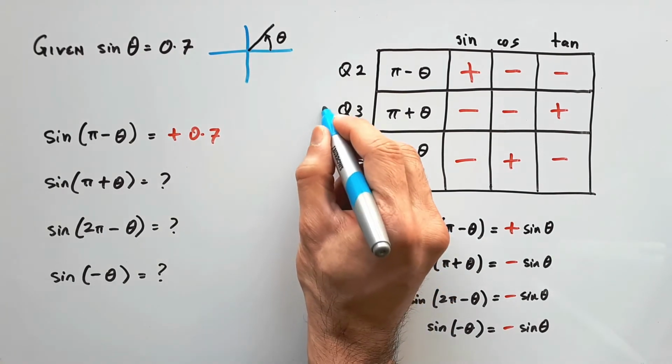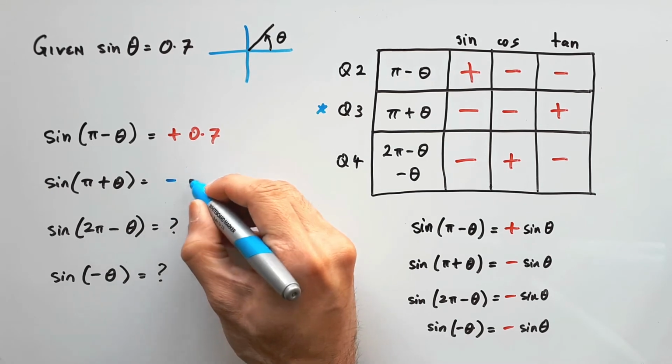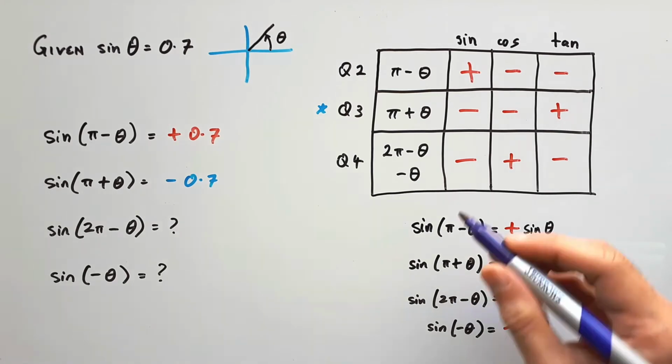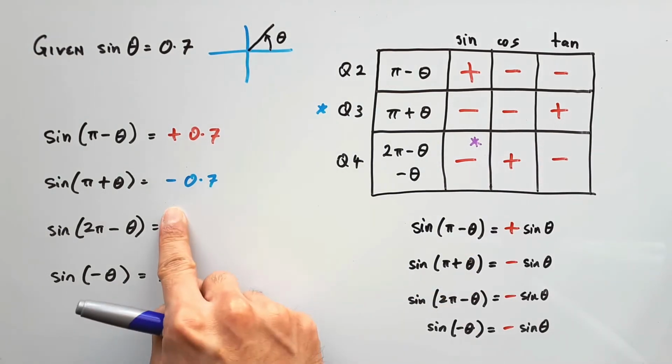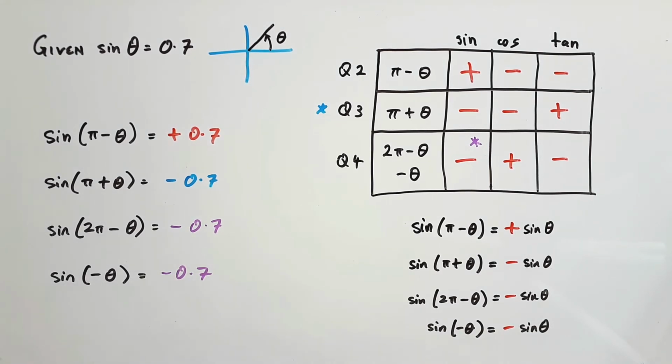Sine of pi plus theta sits in quadrant 3, where sine is negative, so it's negative 0.7. Similarly, for the last two expressions, which are essentially the same thing, they are both in the fourth quadrant, so they're also negative 0.7. Whether you want to use the equations directly or use the table to navigate, either tool works great for when theta is acute.